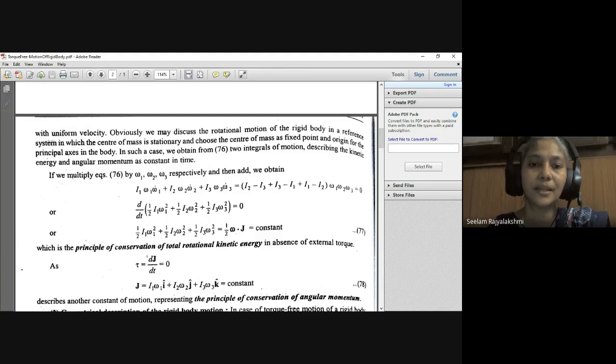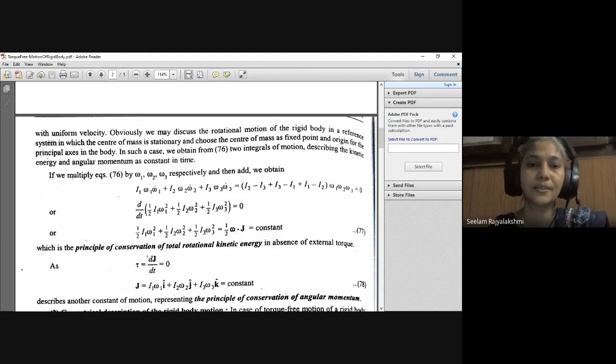And we can write LHS as the derivative of half I1 omega 1 square plus half I2 omega 2 square plus half I3 omega 3 square. By taking the differentiation with respect to time, again we will obtain the same; the value won't be changed.